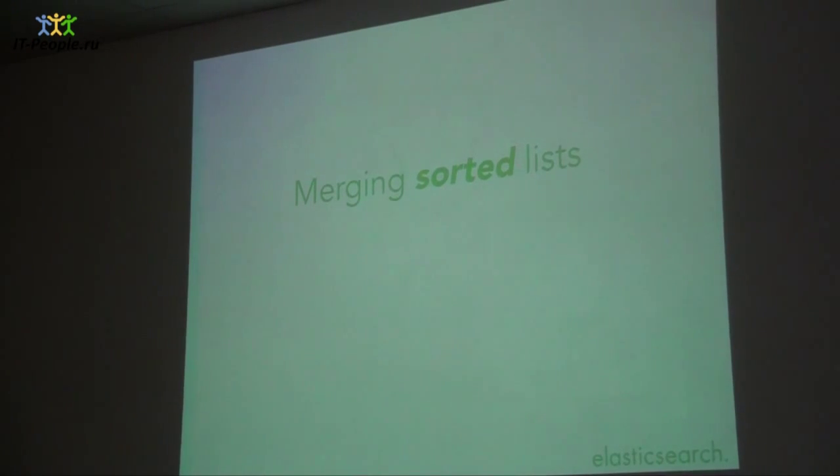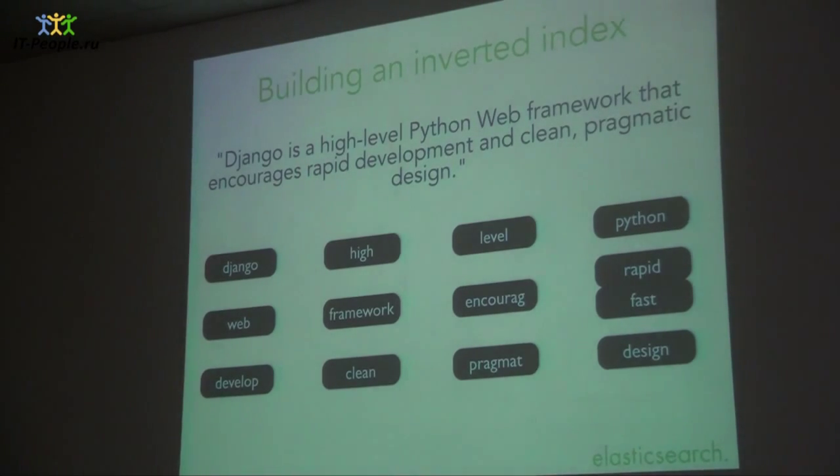Let's actually see how this magical data structure even came to be. So let's start with building the inverted index. First thing that we need to do is we take some text and then we split it into tokens. And you can see that I haven't just split it by words. I have done more things than that.